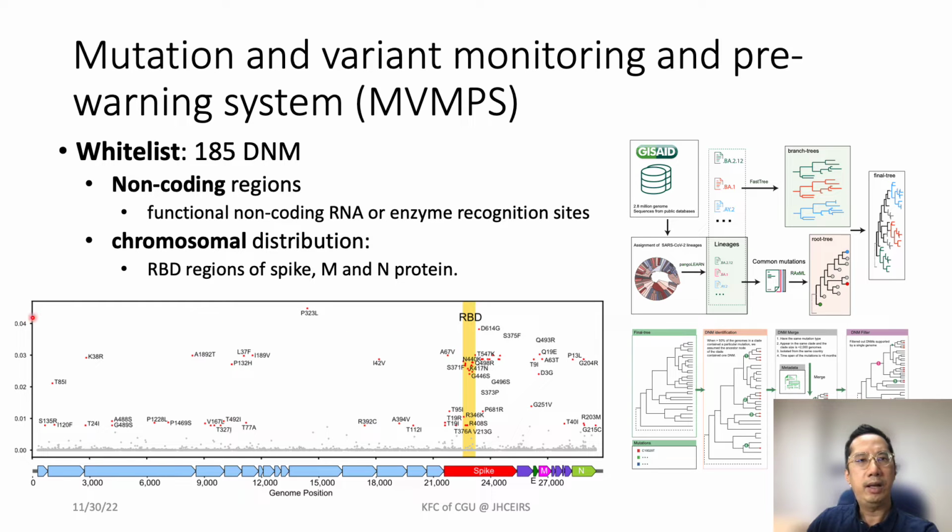They are identified everywhere in the virus. Just to let you know, for some resource-limited countries or areas, the government or the corresponding agency is able to sequence only the spike protein. In other words, we will miss other important mutations.